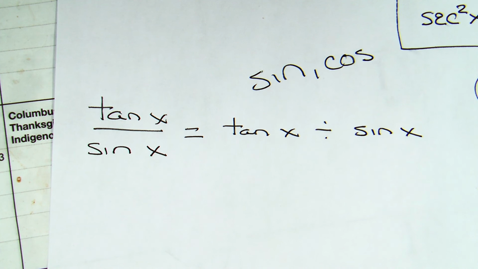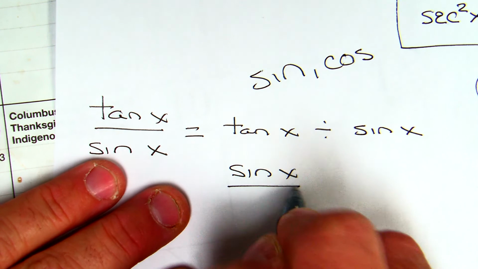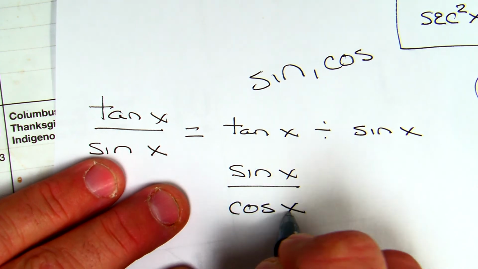So in other words, as we progress, and this is going to be huge, everything can get rewritten as sine and cosine. Everything. Sine, cosine, obviously. Secant, the inverse of cosine, 1 over cosine. Cosecant, 1 over sine. And by using quotient identities, we can rewrite tangent x as sine x over cosine x.